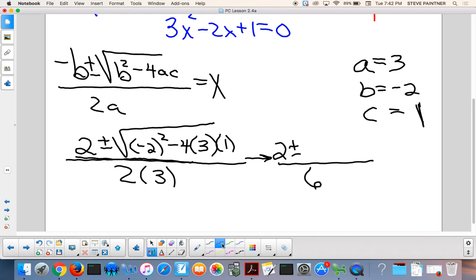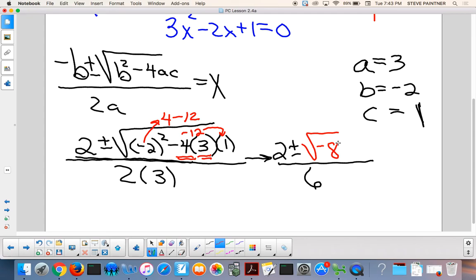Here's where you might go wrong, right inside here. This is just 4. This is negative 4 times 3, which is negative 12, and negative 12 times 1 is still negative 12. And here comes your answer inside, the square root of negative 8. So you might get it wrong with that. That negative 8 is the hardest part to get.